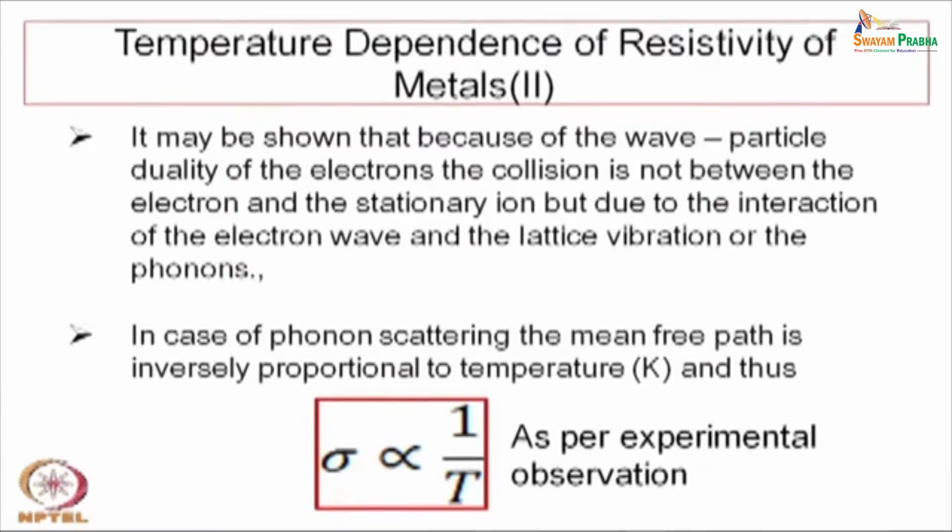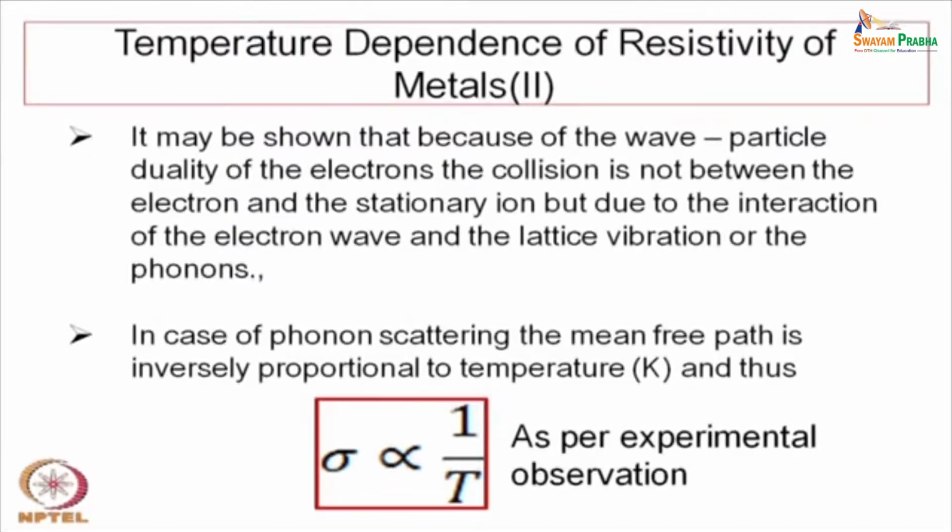To continue, it may be shown that because of the wave-particle duality of electrons, the collision is not between the electron and the stationary ion, but is due to the interaction of the electron wave and the lattice vibration, or the phonons. Since we are not considering only the particle nature of the electron but also the wave nature, that is how the wave vector and the de Broglie wavelength came.